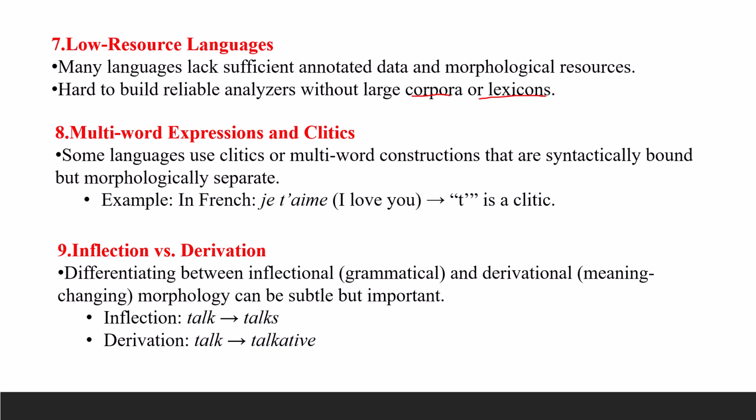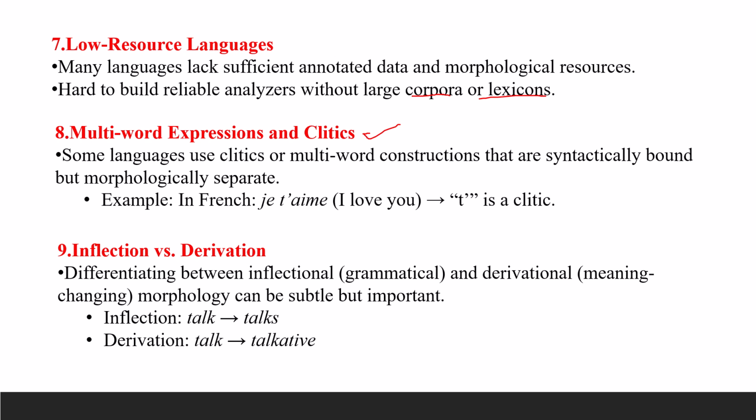Without a large collection of data, it is difficult to find annotated data. Now the eighth one is multi-word expressions and clitics. In French and other languages, a word is split into several words but acts as one unit.